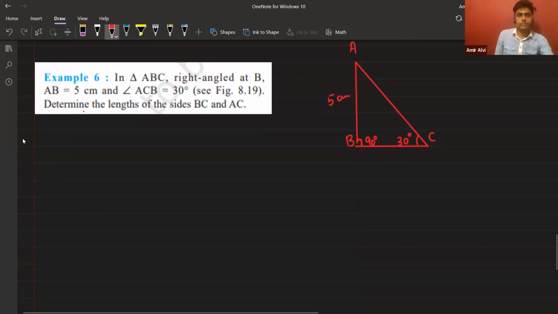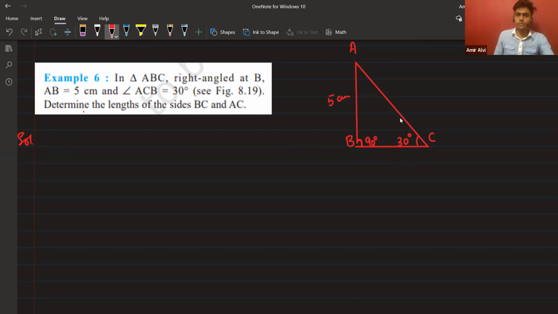Just look. Now, Adil, we have to find the value of BC. We have one angle, the perpendicular is given, and BC is this. So can we use tan theta, perpendicular upon base? Yes, sir.